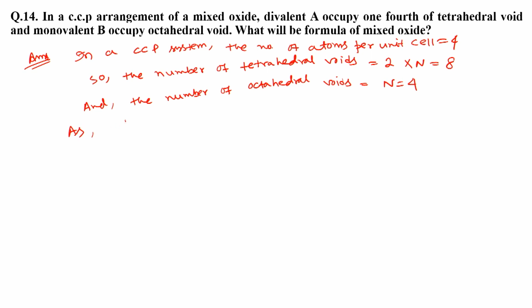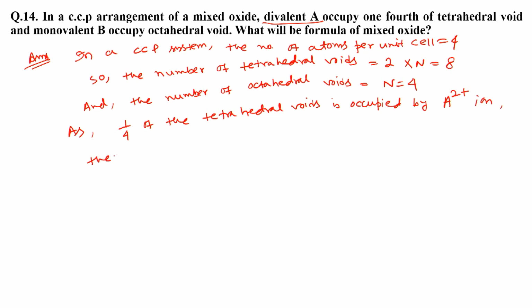As 1/4 of the tetrahedral voids are occupied by A2 plus, because this is divalent, that's A2 plus ion.